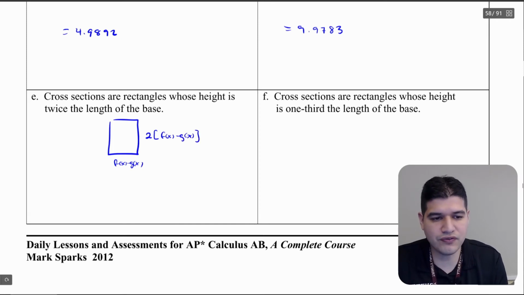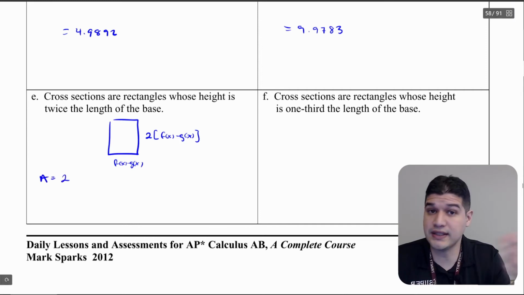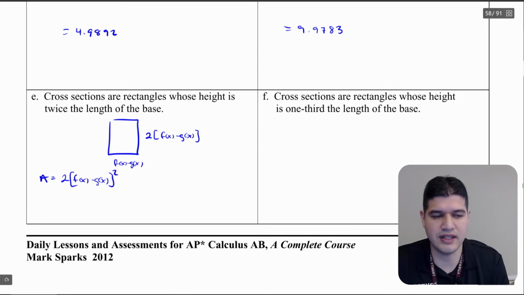So what I need to do first is write out, okay, what is the area of this going to be? Well, that's going to be 2, or base times height, so 2 times f of x minus g of x all squared, because f of x minus g of x gets repeated.